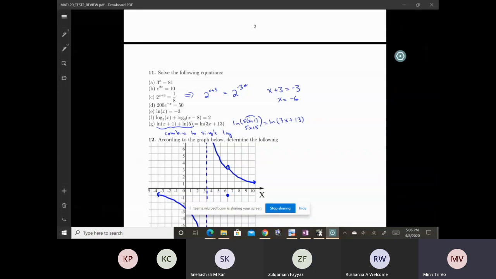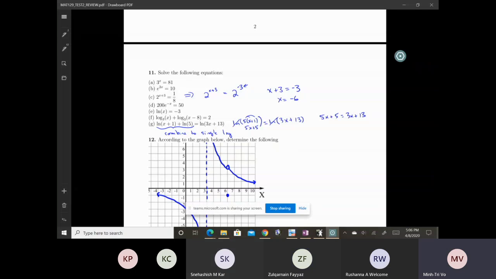Now the logs are the same, so I can ignore them, and then it becomes 5x plus 5 equals 3x plus 13. It's kind of the basic idea, but you have to apply a different rule.